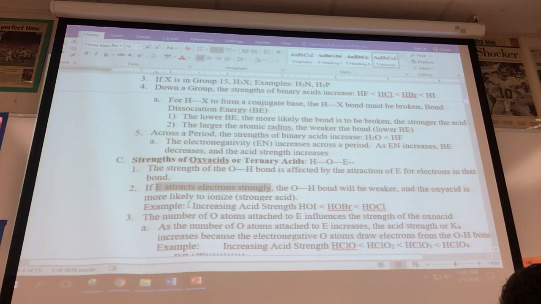So if you compare increasing acid strengths of hypoiodous, hypobromous, and hypochlorous acid, you will find that hypochlorous is of greater strength than those two because chlorine is more electronegative than the others, which weakens the bond.